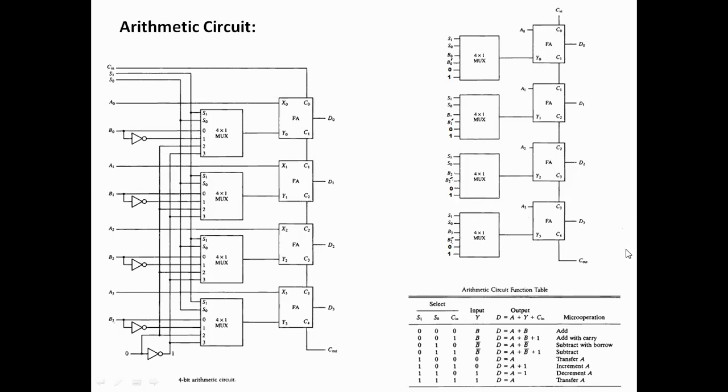So it will be a transfer thing. A will remain unaffected, because 1 1 1 1 plus 1 will become 0 0 0 0. Fine. So it will be a transfer operation. A will remain unchanged. So this combination will result in a transfer operation.